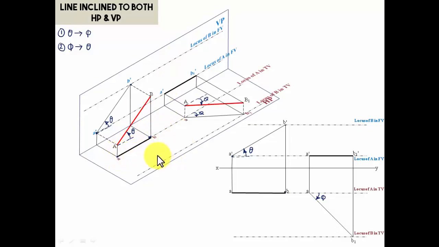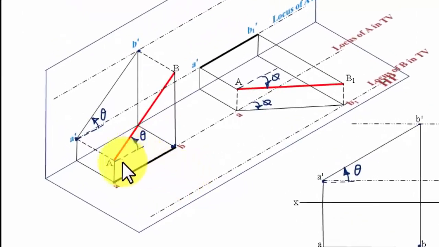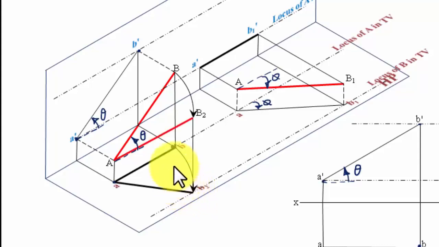What I'm about to tell you is extremely important. If you watch carefully, this AABB is a trapezoid, and if you turn BB about this side AA so that B comes into contact with this locus line, then this true length automatically gets itself inclined at an angle phi. This is exactly what I'm trying to say.